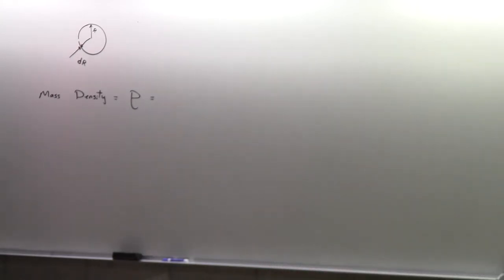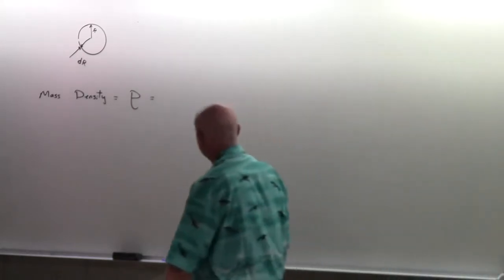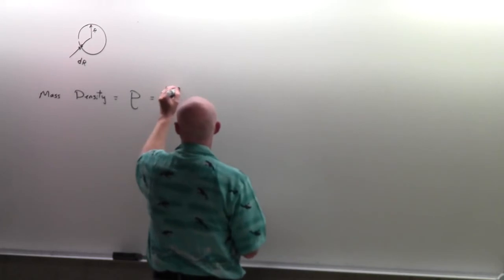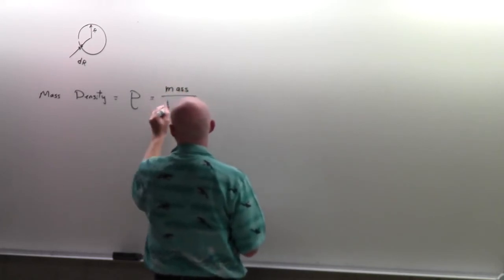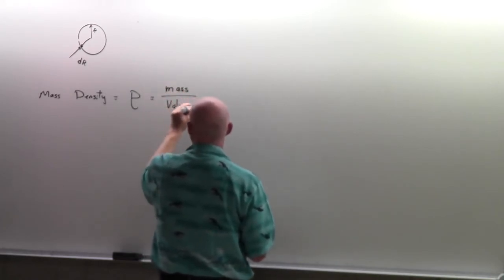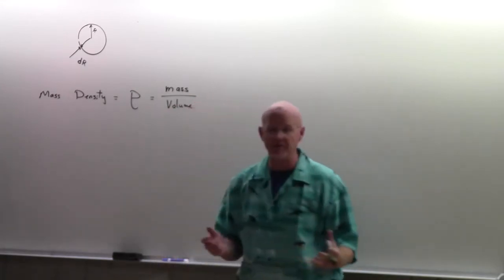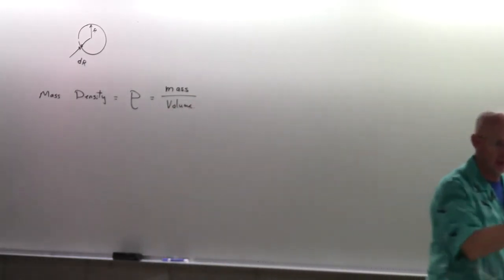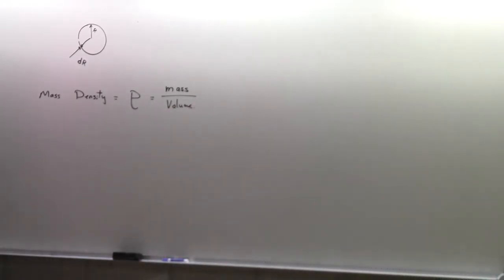I know we saw it kind of in chapter 1, but it's really going to play a big role now. What is the mass density? Well, it's mass per volume. Well, what mass, what volume? Pi dr. Okay, so you're getting the idea, good.